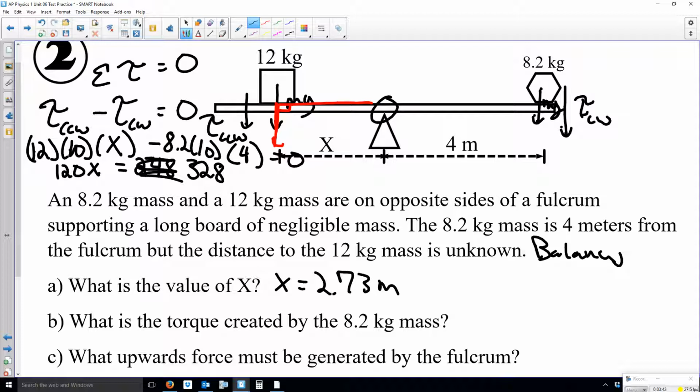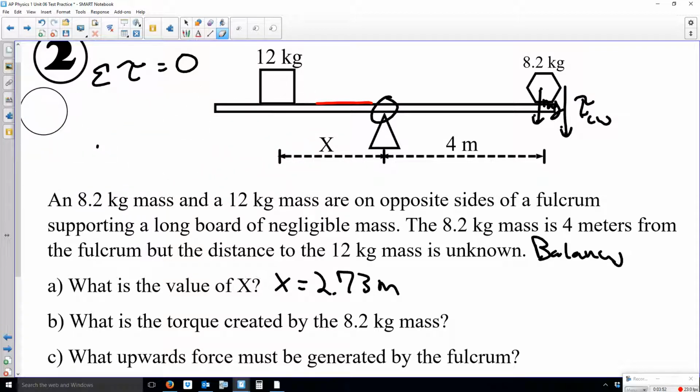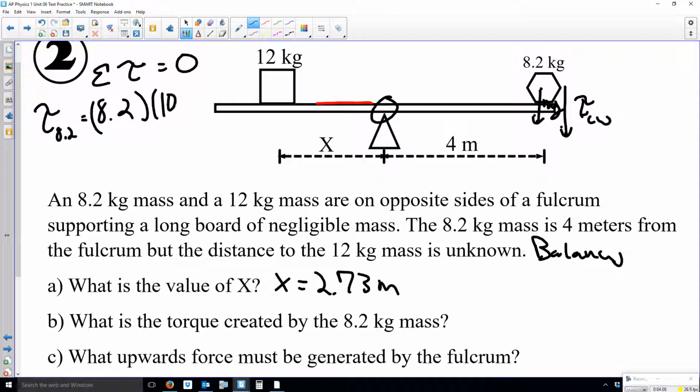So then with that value in mind, it asks what is the torque created by the 8.2 kilogram mass. Well, now we're going to do the exact same thing, but we're only worried about that one torque. The torque of the 8.2 is the mass, 8.2 kilograms, times 10 for the g, and then times 4.